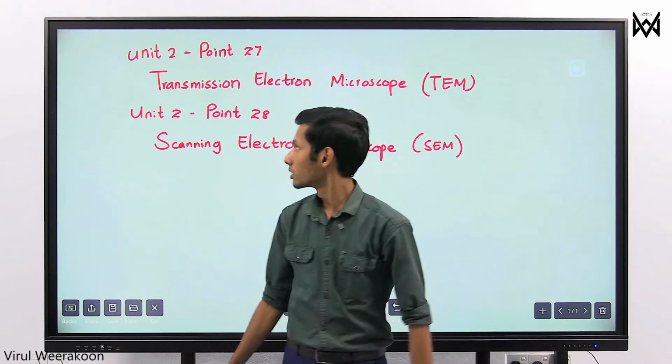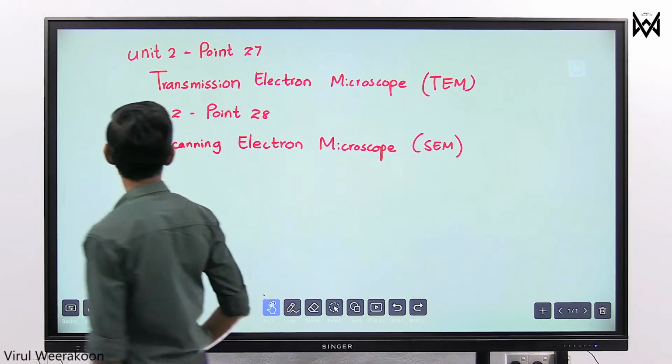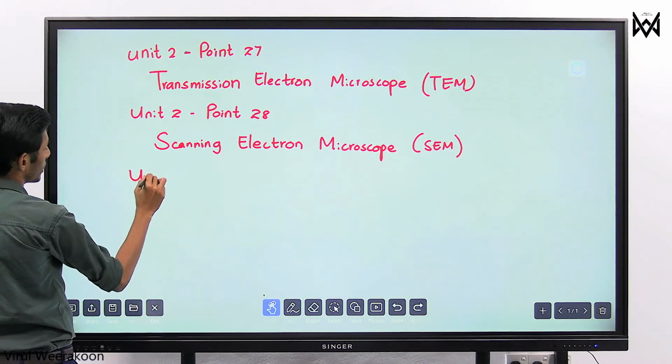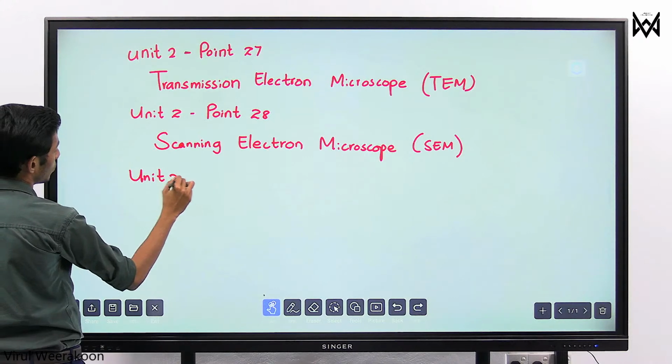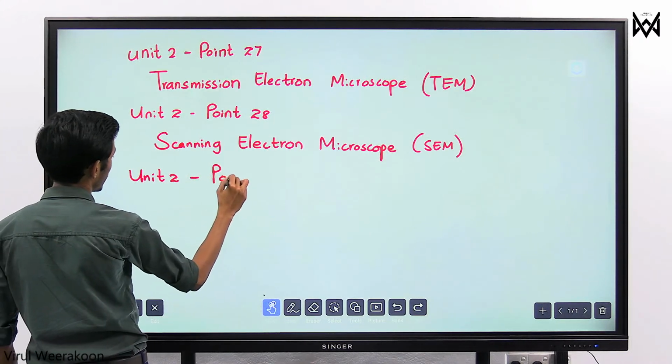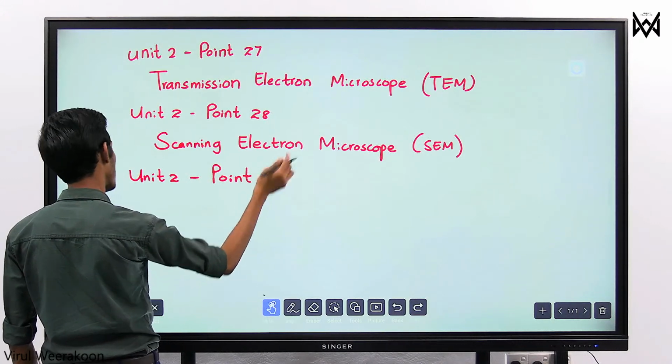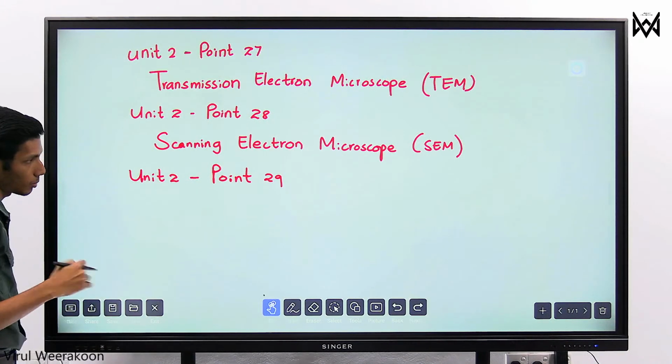Okay. So then we'll write down point number 29. Unit 2, point number 29. After discussing that, we'll come to transmission and scanning electron microscope once again.